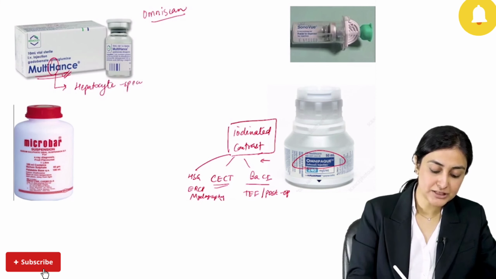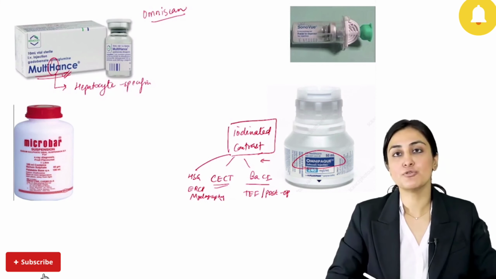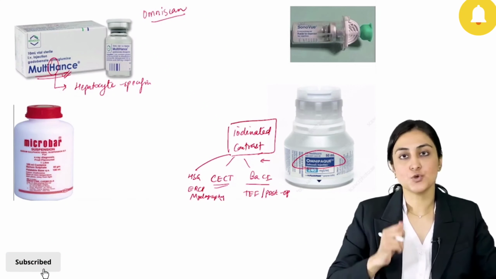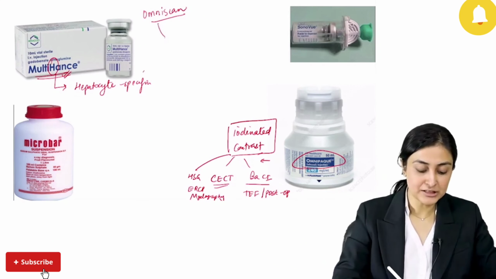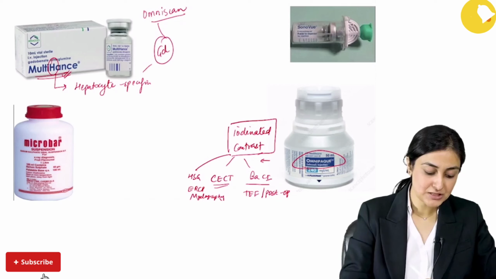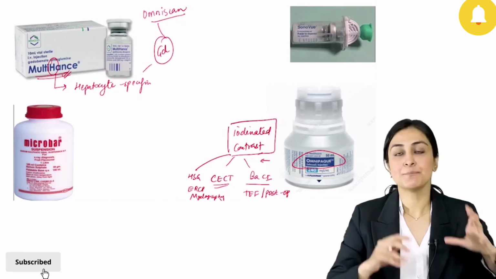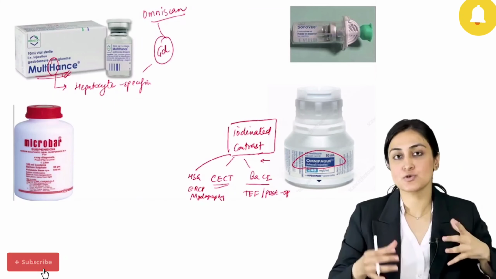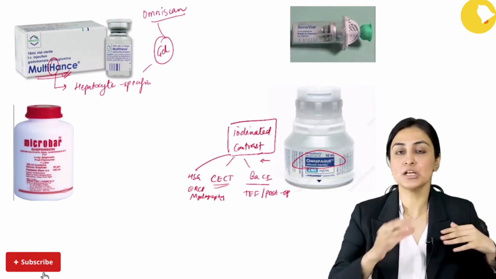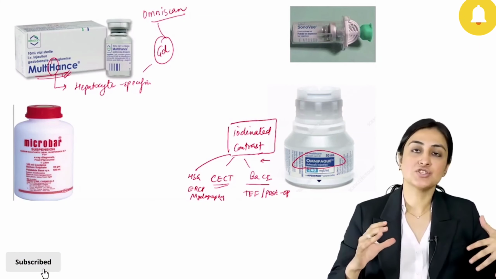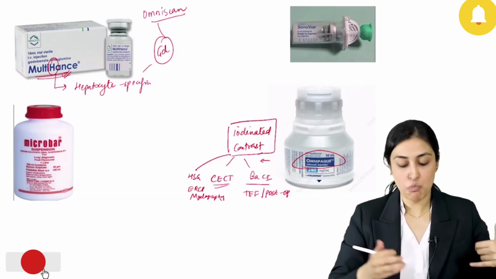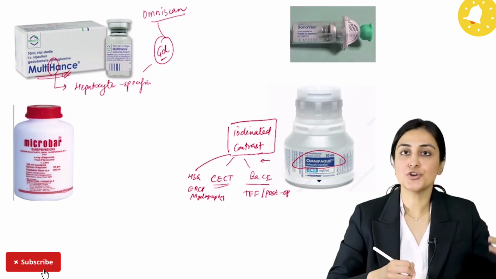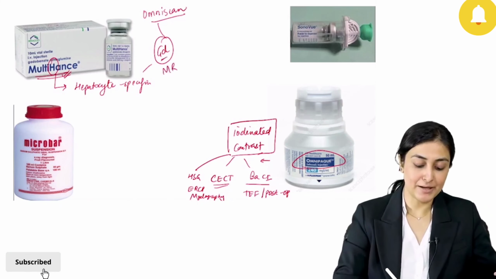So this is something which is particularly useful when we are imaging for hepatocellular carcinomas. Okay, so these are all gadolinium based. Alright, so if you see this gadobenate dimeglumine, these are all gadolinium chelates. So we chelate the gadolinium ion with various compounds such that it no longer remains toxic. Okay, so these are all gadolinium contrast media which are used for MRI.